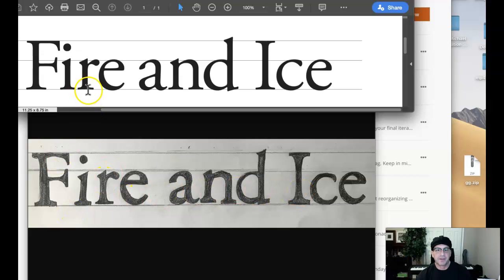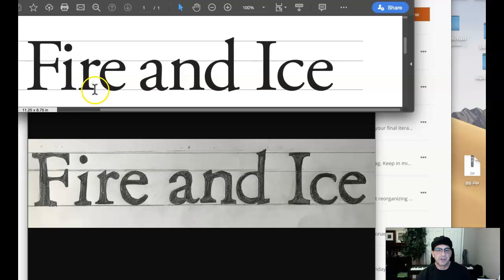Watch the finesse on the serifs. As we can see, yours are really cumbersome, whereas these are very streamlined and very minimal as compared to what you have here. Okay, so watch that. Other than that, those are my recommendations for moving into your final submission.